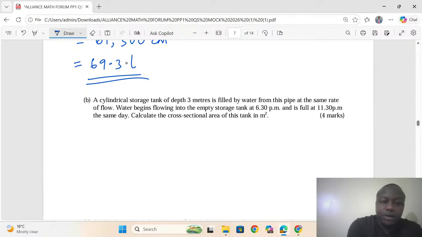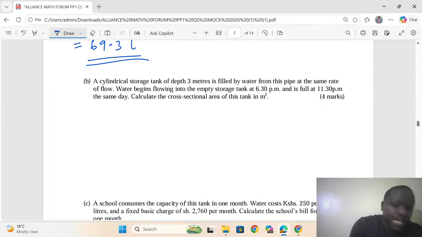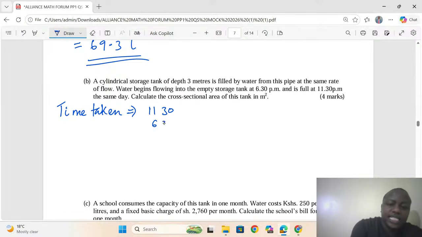What you need to understand here is that already we can find the time taken to fill this tank. Time taken shall be all the way to 11:30 from 6:30.